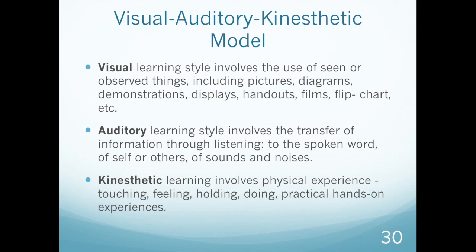Auditory is a learning style which involves the transfer of information through listening to the spoken word of self or others, of sounds and noises. And finally, kinesthetic means it's related to physical experience, and it's related to touching, feeling, holding, doing practical hands-on experiences.